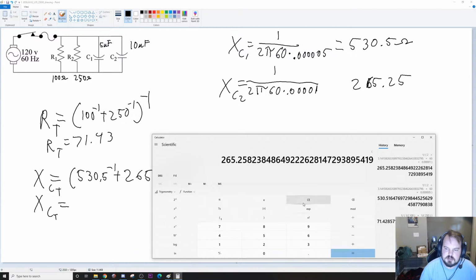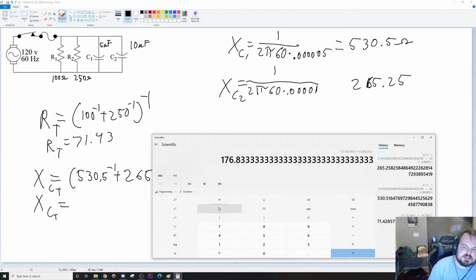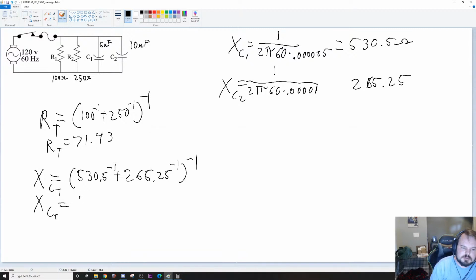Open parentheses, 530.5 negative first power plus 265.25 negative first power. Close the parentheses, one more to the negative first power, 176.83 ohms. And this is ohms as well.